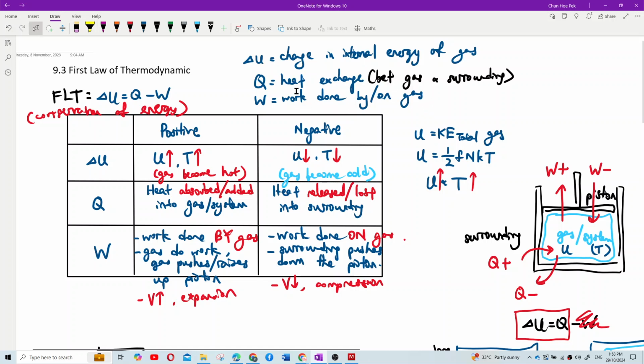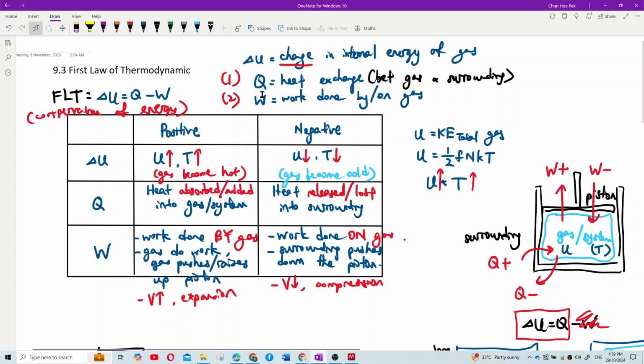Kalau dia ada buat kerja, dia hilang tenaga. Kalau dia tak buat kerja, dia kena compress, dia dapat tenaga. So this is what it means by first law of thermodynamics. The internal energy of gas will change due to two factors. First is about the heat masuk atau keluar, ataupun gas itu sama ada gas itu do work or does not do work.